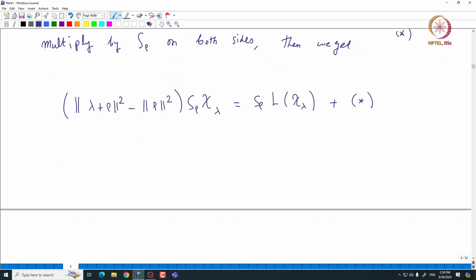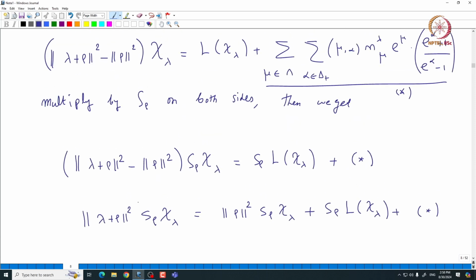Okay. Now this can be rewritten as follows: the norm lambda plus rho square times S rho chi lambda is equal to norm rho square S rho chi lambda plus S rho L of chi lambda and then plus this star term that we have here.